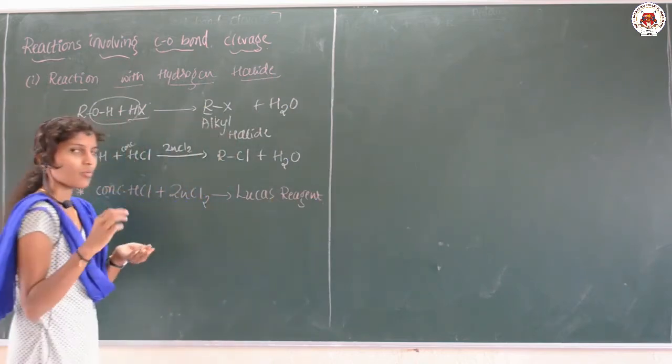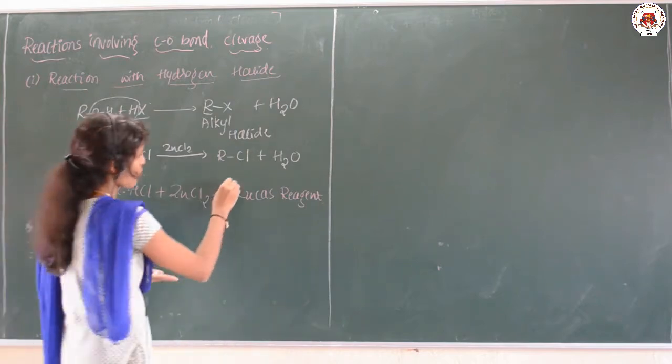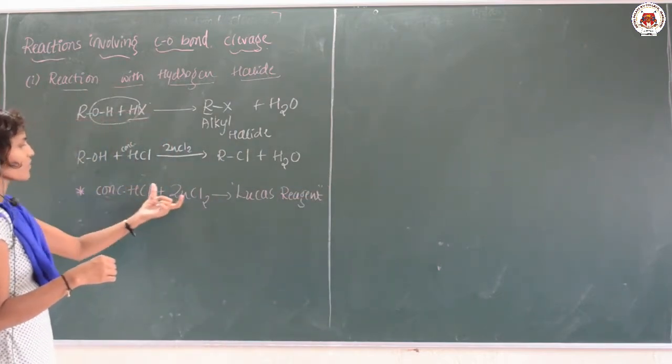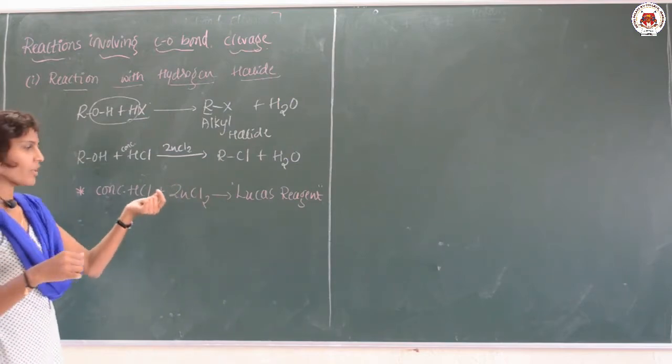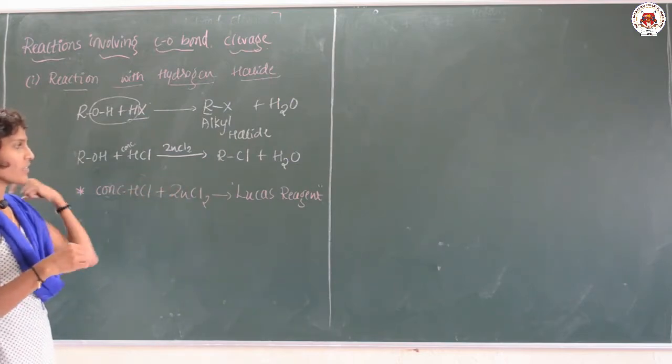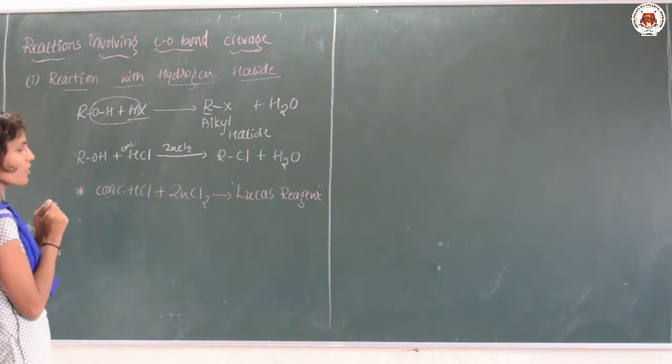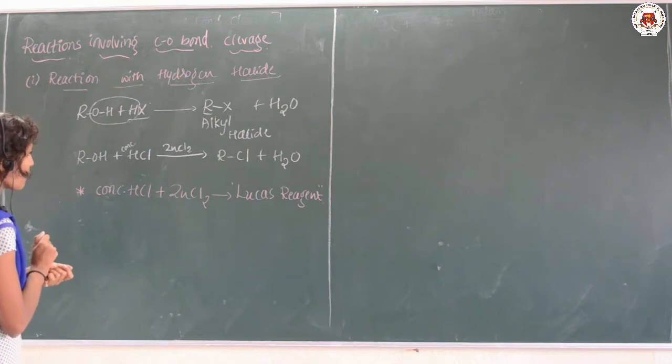Keep in mind the composition of Lucas reagent: concentrated HCl is taken with zinc chloride, that is the Lucas reagent, and this test is nothing but the Lucas test. Why it is called a Lucas test, I will tell you.